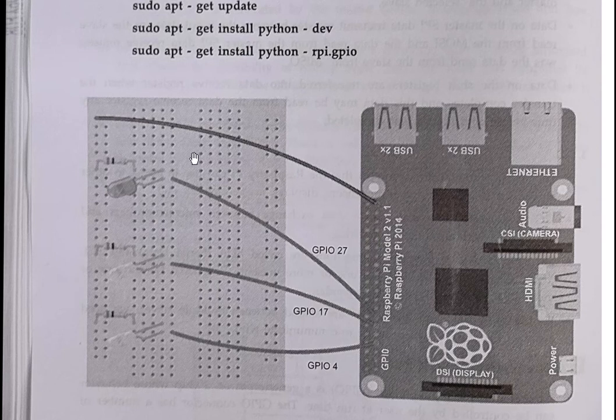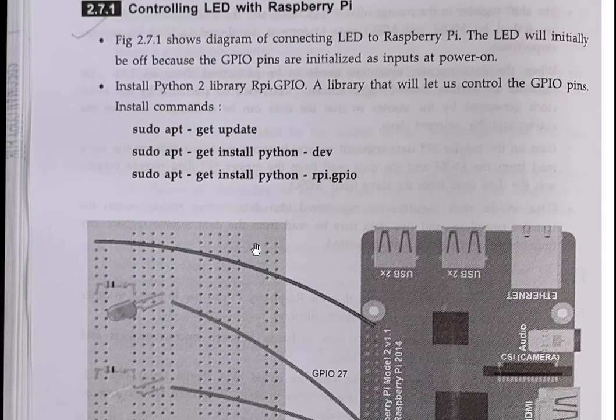We have to provide one ground, and these pins provide the input signal. Another terminal of the LED is connected to the ground through a resistor, because an LED does not carry such a high current.